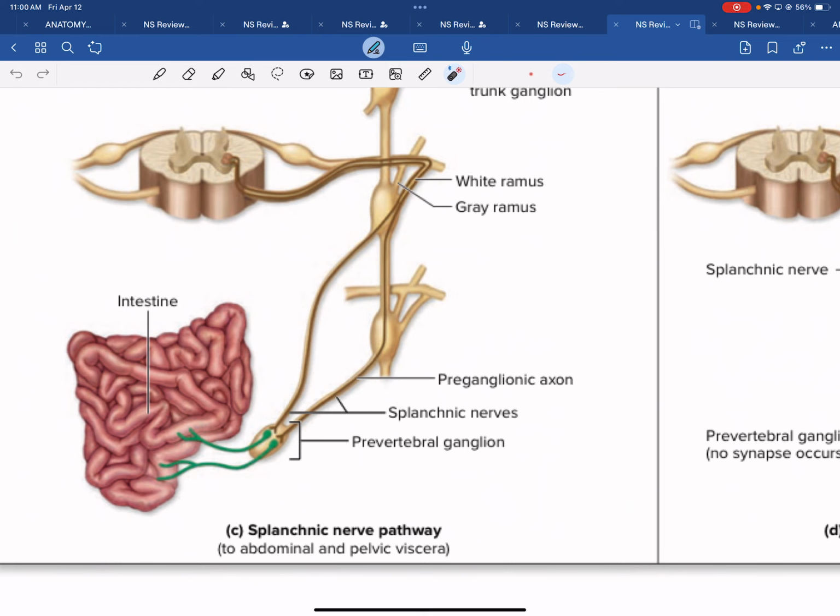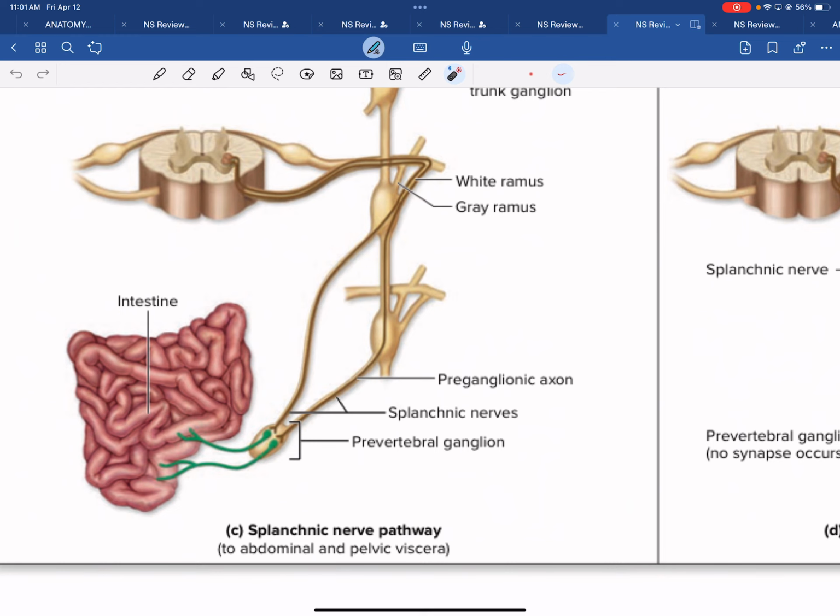All of the effectors of the autonomic nervous system are dually innervated. That just means all the cardiac muscle, smooth muscle, and glands receive input from both sympathetic and parasympathetic. That can make the effector either increase or decrease activity, based on whether you need to fight and flee, or rest and digest.